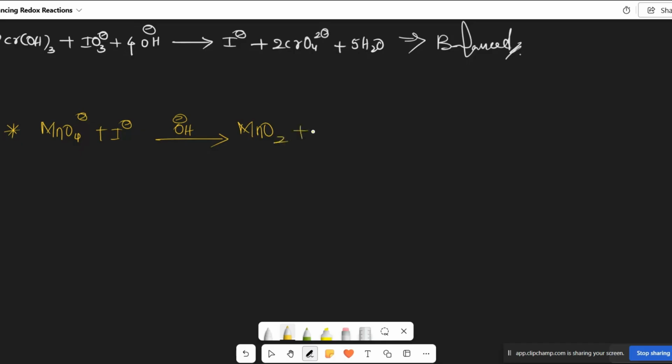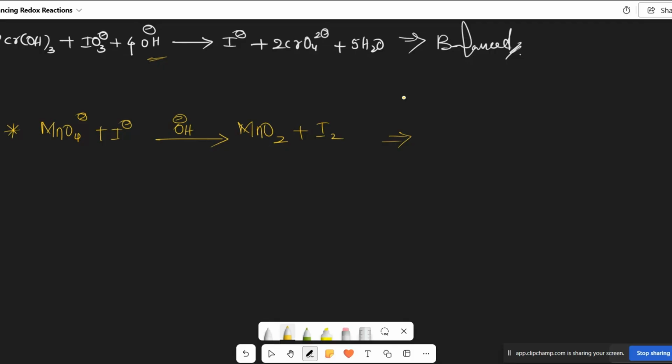Basic medium means in the final equation you will have OH negative instead of H plus. If you are balancing in acidic medium, you will have H plus ions instead of OH negative. That is the thing. Try to solve this in basic medium and let me know in the comment section.